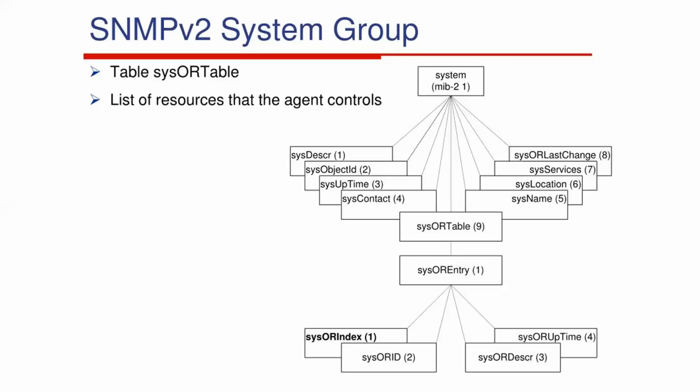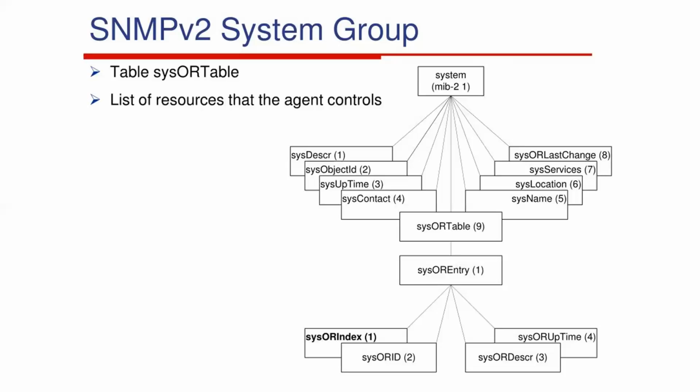The first request is the get bulk request, and in the second, the same thing is used for receiving the non-repetitive objects and the repetitive instances of the columnar objects TE1, TE2 and TE3. That's all about the get bulk request operation.